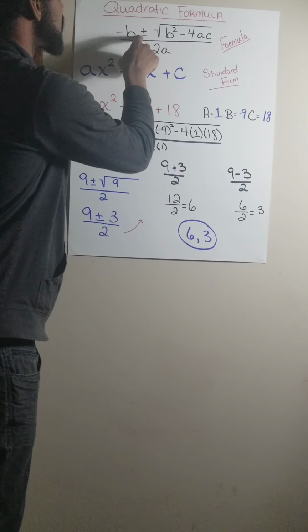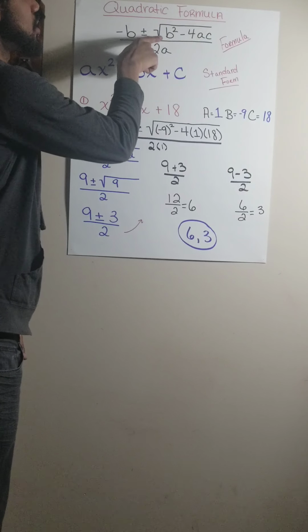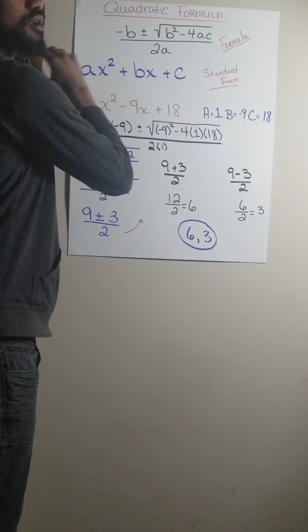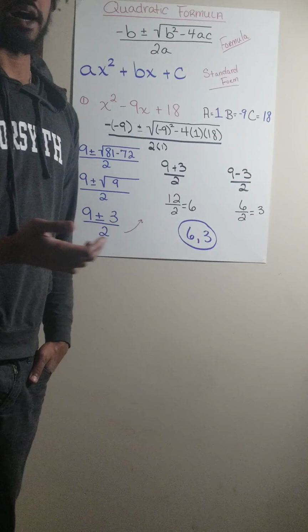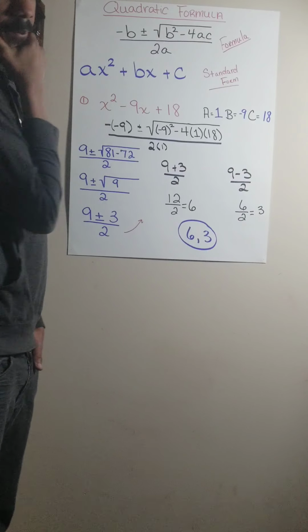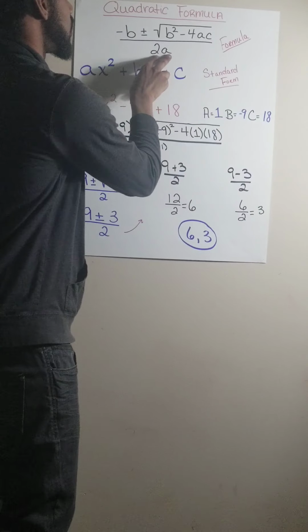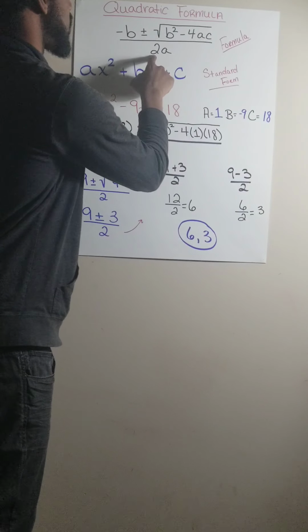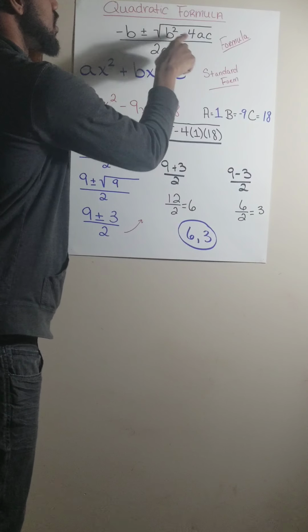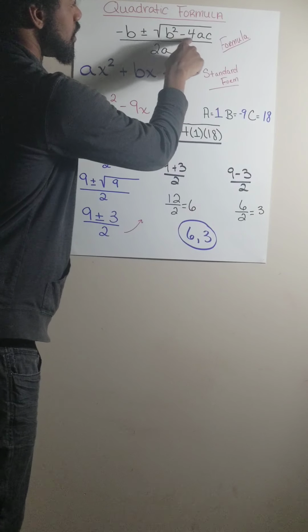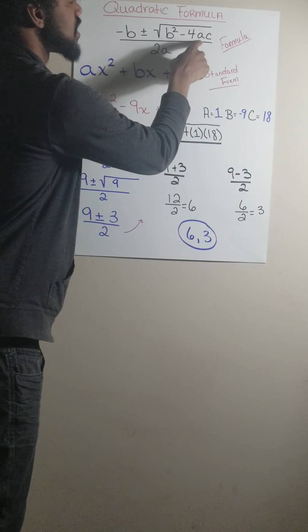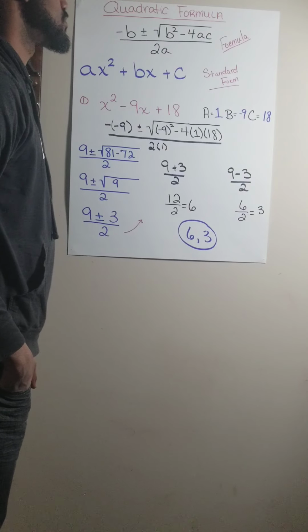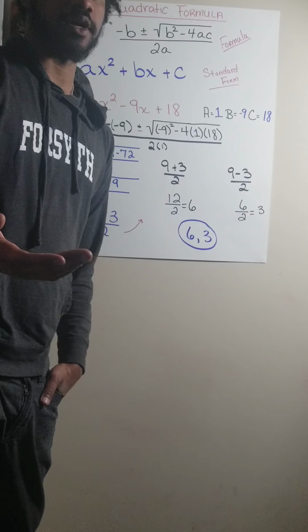Negative b plus or minus the square root of b squared minus 4ac, and that is all divided by 2a. Remember, anytime a number and a letter are next to each other, we're multiplying. So we're multiplying 2 times a here, and up top we are multiplying negative 4 times a times c. And you heard me use the word coefficient.